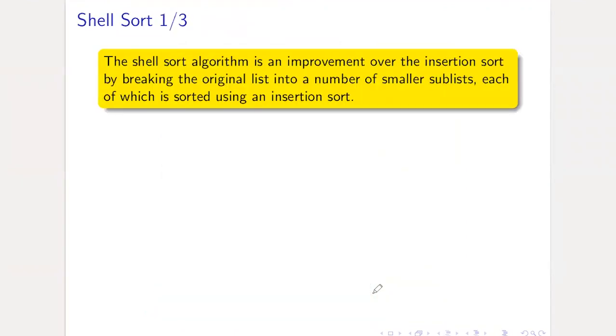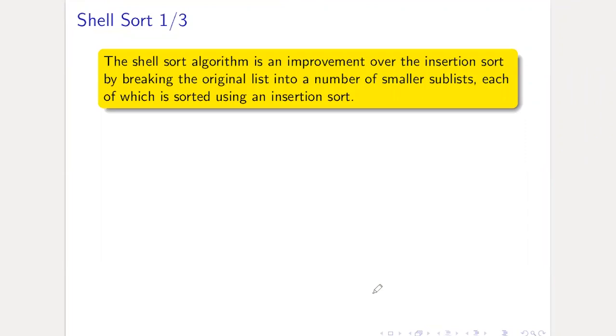Next, we will look at the shell sort algorithm. This is an improvement over the insertion sort. Insertion sort we did by taking the full list and sorting by keeping the lower end sorted.